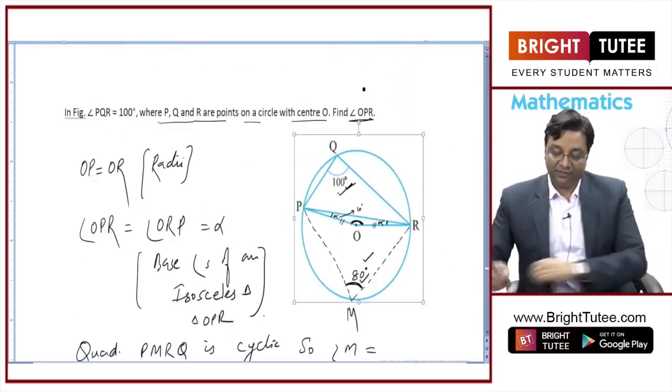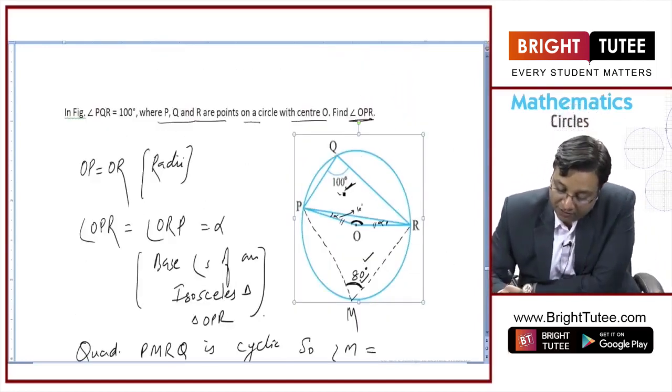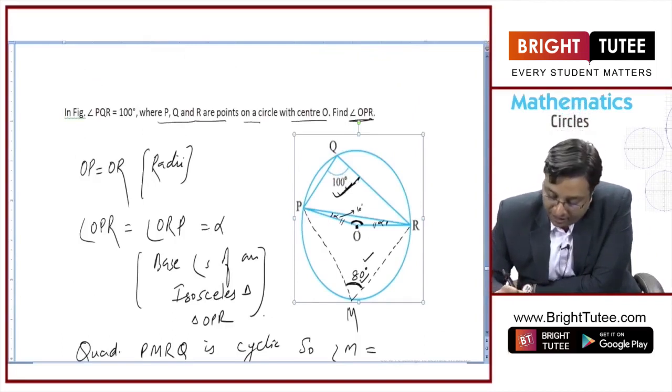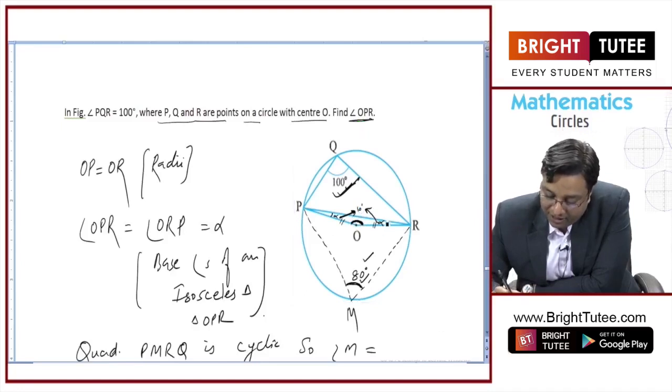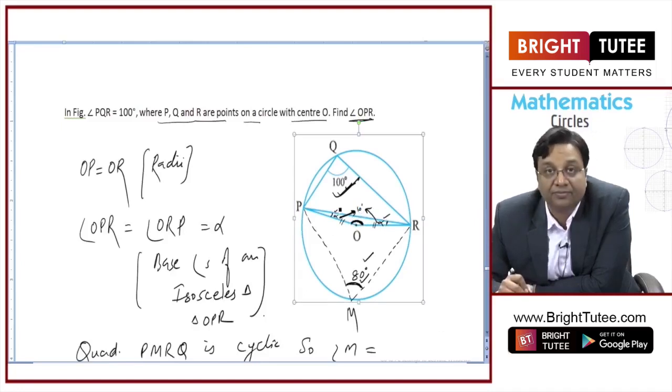So what I have done here is, this part of the figure was given that this angle is 100. I wanted to find this angle so that I could find this angle alpha. I knew that this angle is alpha, so this angle will also be equal to this because this is an isosceles triangle here. So if I could find this angle, I will easily find these two angles.